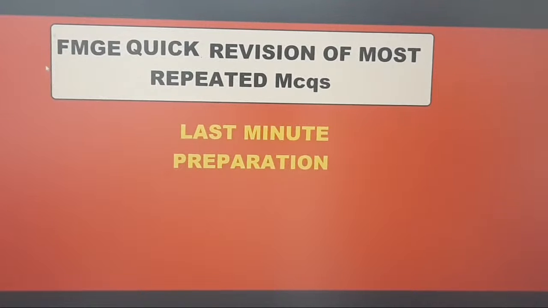What is the dose of iron folic acid given till 6 to 10 years? 20 mg iron with 0.1 mg folic acid.